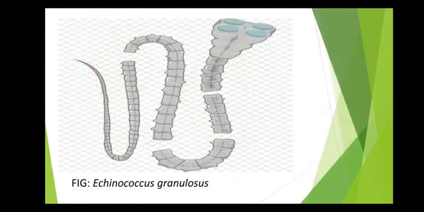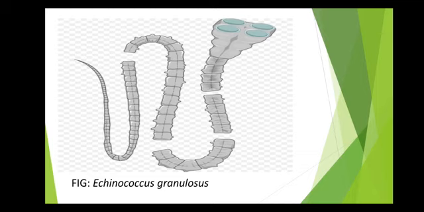Next, you can see the structure of Echinococcus granulosus. The Echinococcus granulosus, the dog tapeworm, lives as an endoparasite in the intestine of dogs, cats, and foxes. Some man serves as an incidental host.